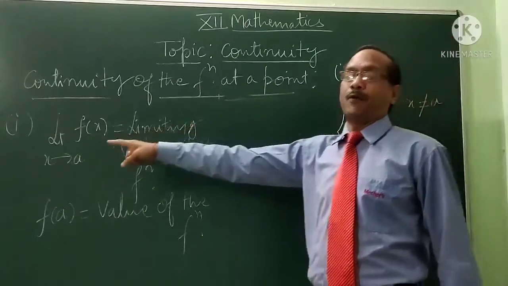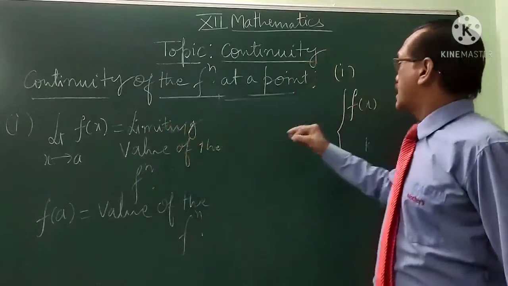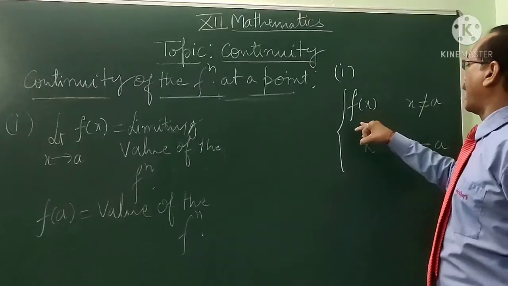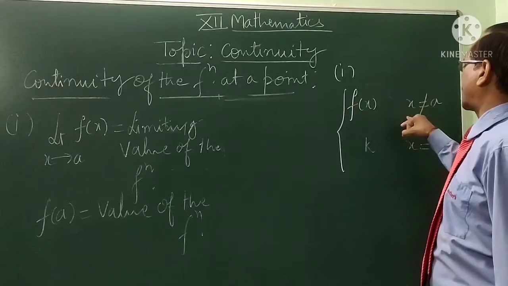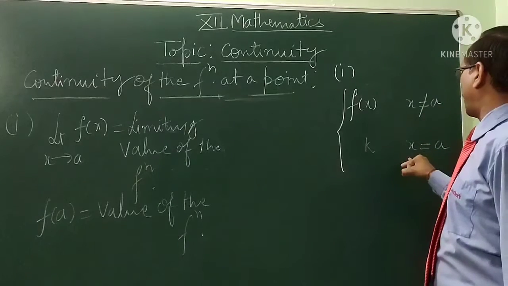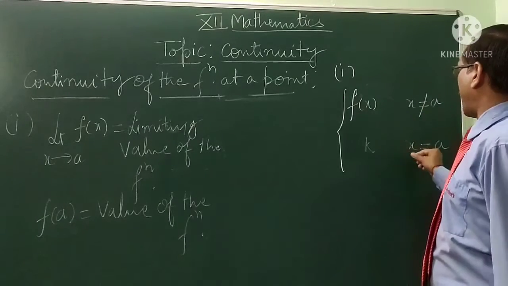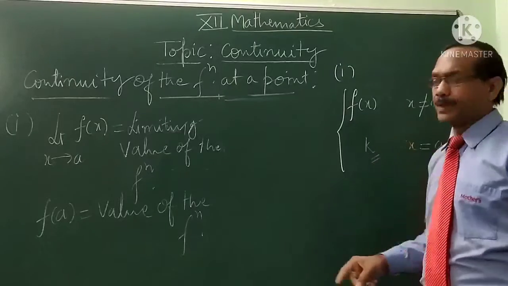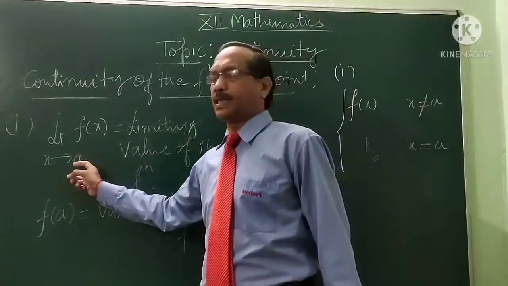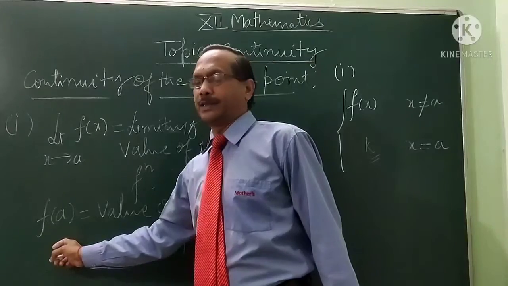Student, the first case is the condition when f(x) is defined with x not equal to a, and then a separate value is given at x equal to a. Then we find the limiting value of the function and the value of the function.